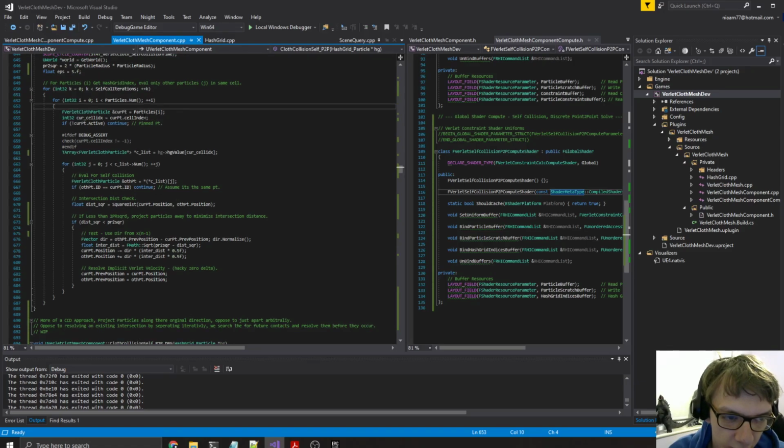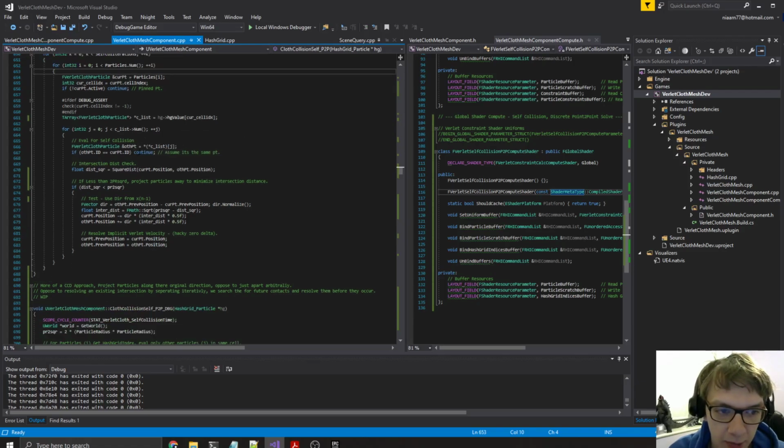So we get the current hash cell index of the particle, and we get each other particle, and we form particle pairs. For the current particle, we look at all the other particles that are in the same hash grid cell as itself, and we check if the distance to the other particle is less than the particle radius times 2.